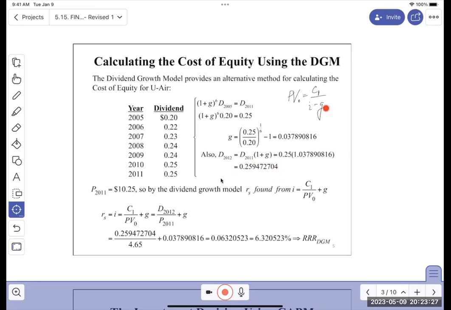Then what I do, I have g, and I have D1, and I have given information on the price, I can find r. So this is an indirect way or a different way to get at the expected return for the firm. So rearranging like I do here, I put in everything that I have.